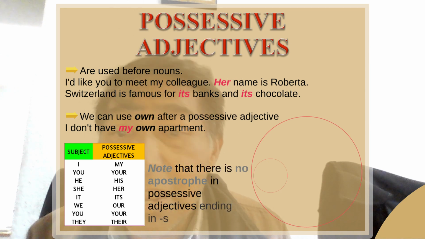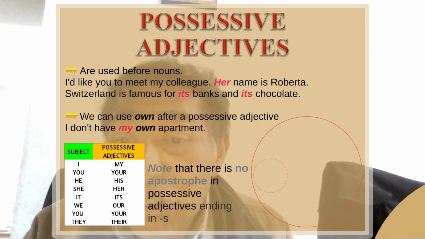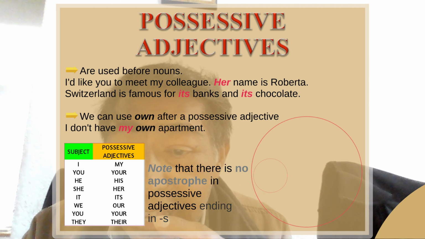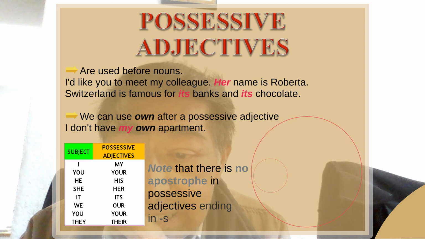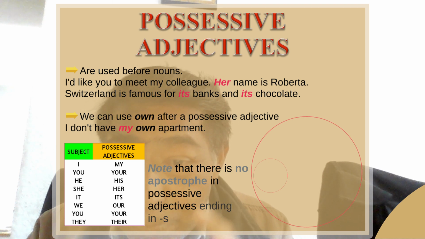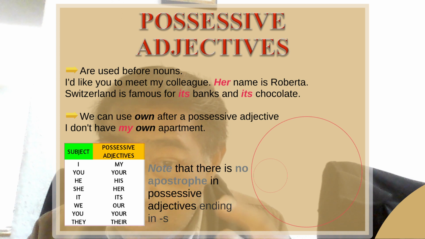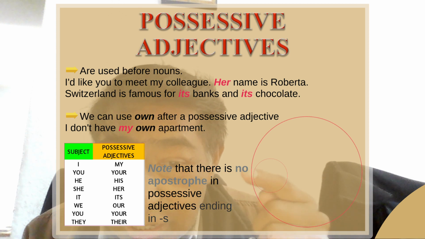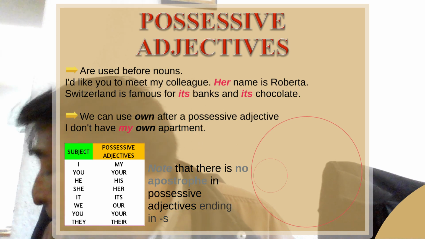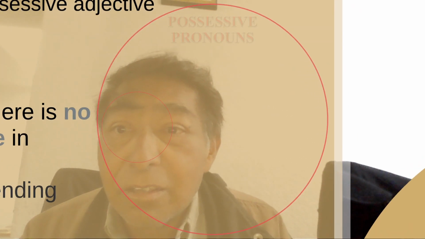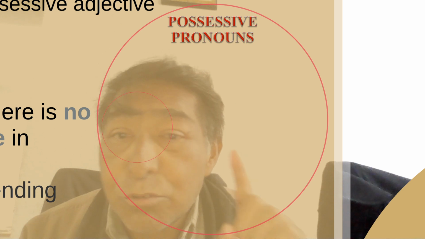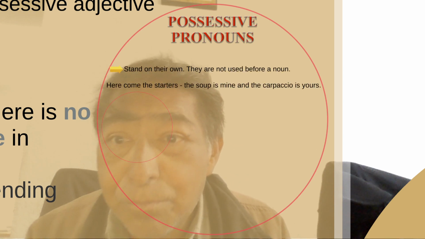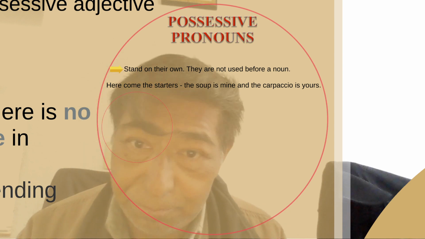Now, note that there is no apostrophe in the possessive adjectives ending in s. For instance, we have its. There is no apostrophe on it. Now, pay attention. We have possessive pronouns. Possessive pronouns stand on their own.